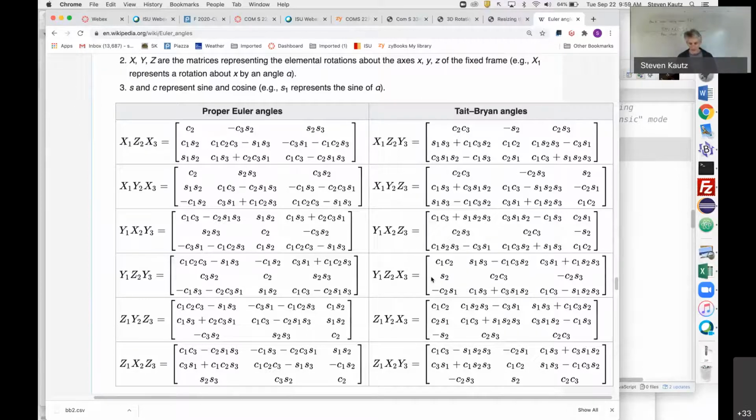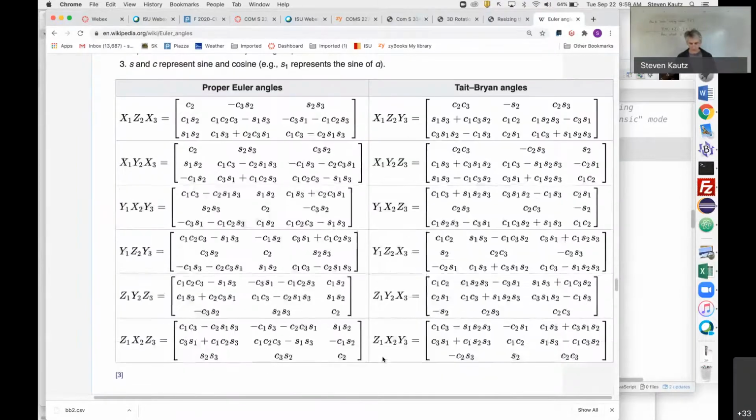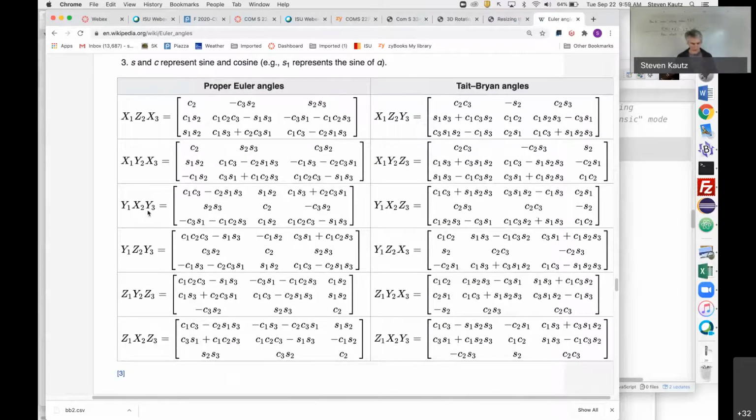So you could take our, where were we? Let's say our YZY, and you could look at the numbers in the matrix. From those numbers, you can say, okay, the number in the center is the cosine of the second angle. And using that, you can determine the second angle.